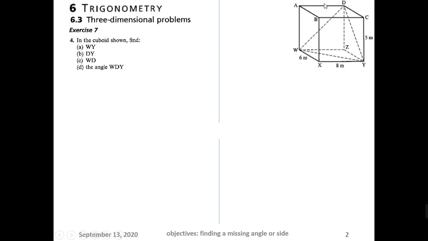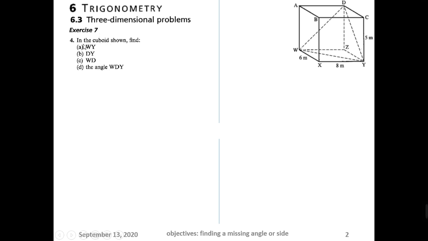Now, let's have a look at this question here. This is a 3D object, yet the sine and cosine rule can still be applied on 3D objects. The secret is we need to look and to find triangles. We need to take each side of this 3D object on its own and calculate the angles or the missing sides accordingly.